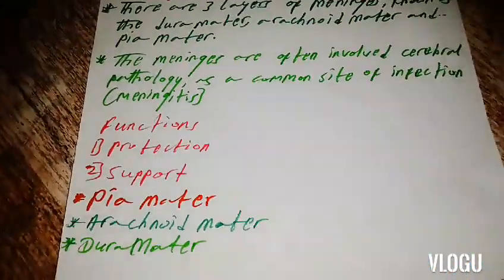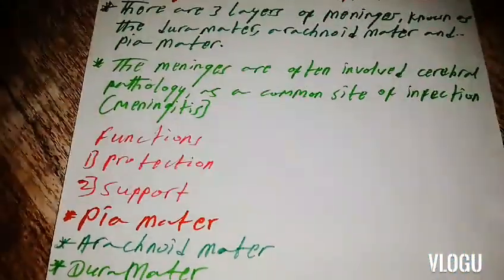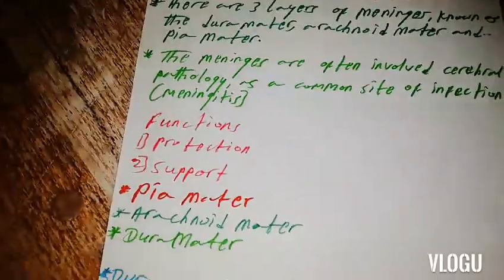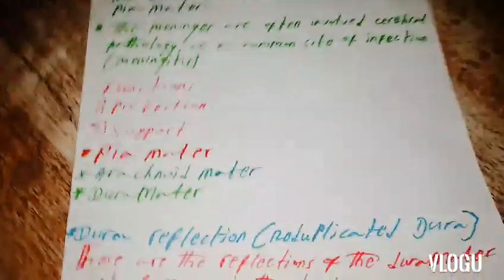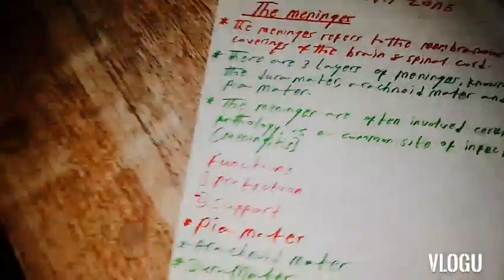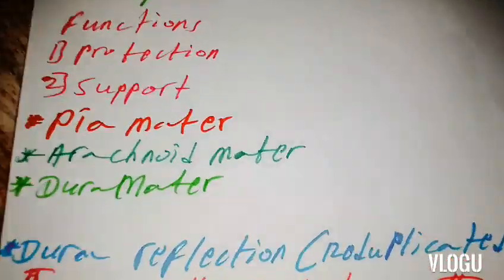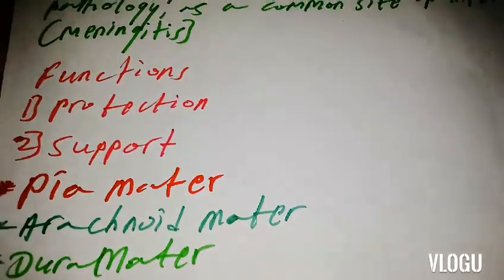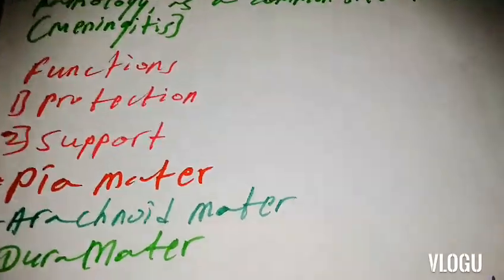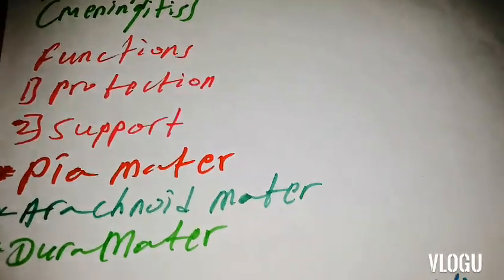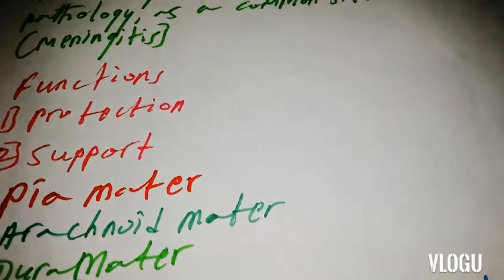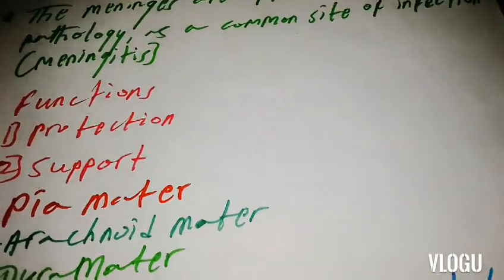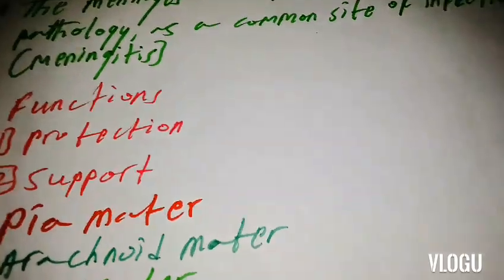So pia mater means soft mother, because of the way the pia mater wraps around the brain and spinal cord, the way a mother hen will wrap around her baby to protect it from a hawk. The pia matter is very delicate, very soft.